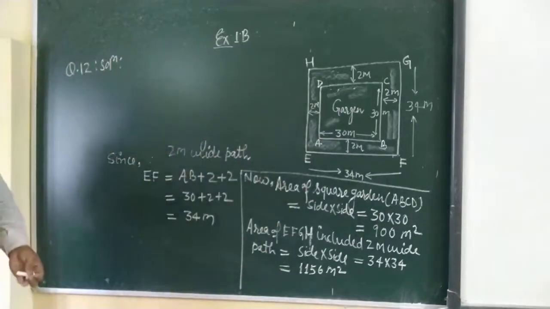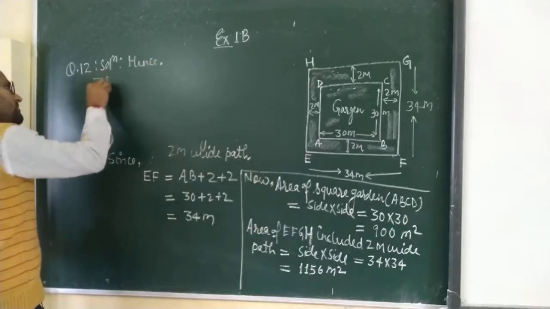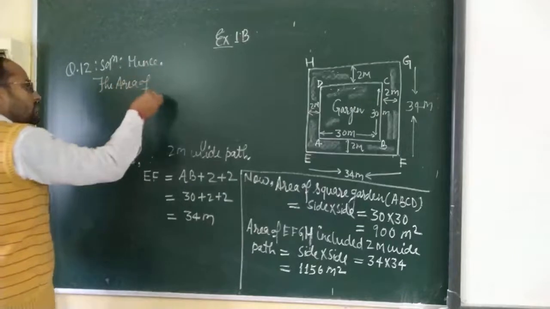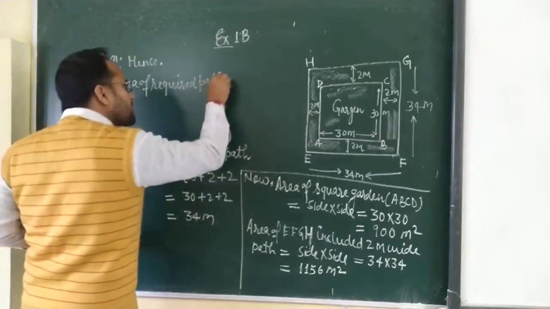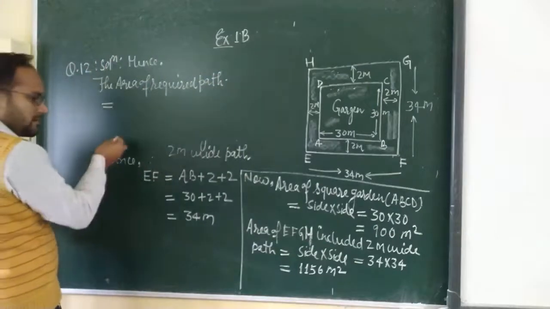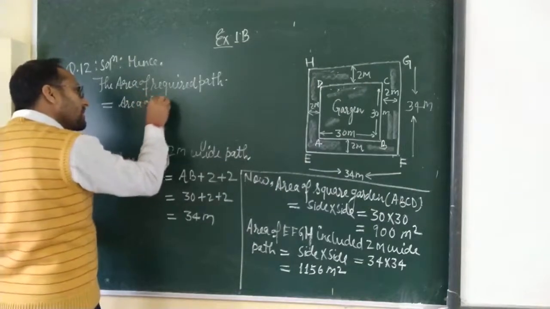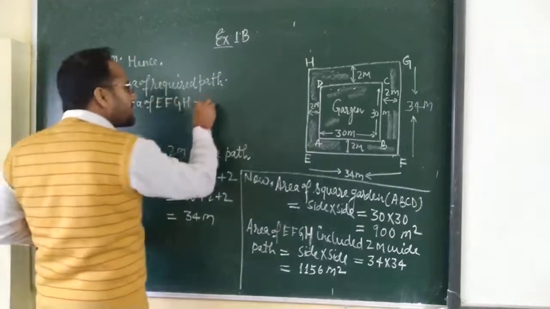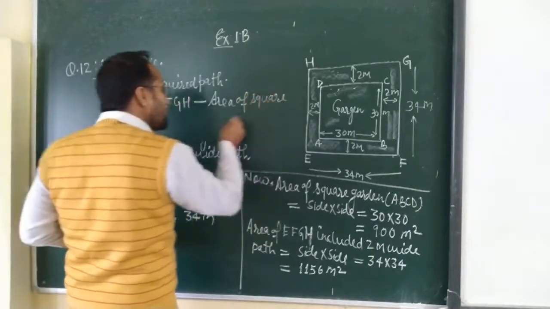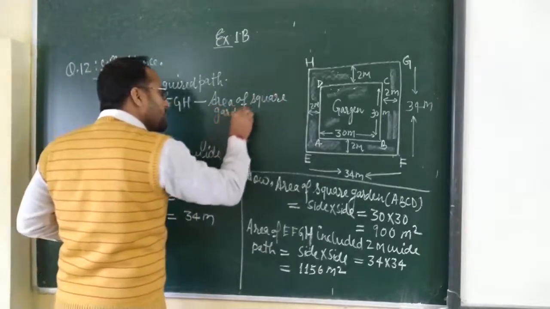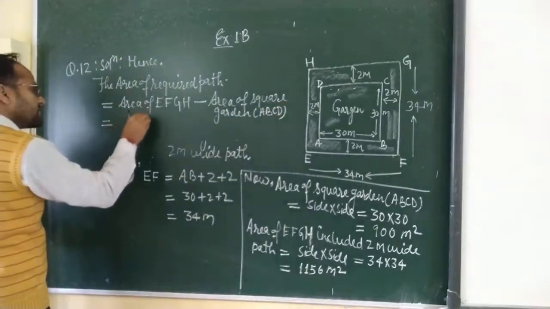Hence, the area of the required path is equal to the area of region EFGH minus the area of square garden A, B, C, D. So this is 1156 minus 900.